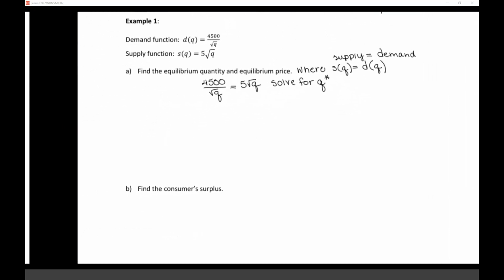I want to get that square root of Q out of the denominator, so I'm going to multiply both sides of the equation by the square root of Q. I think everybody will agree this cancels out. Now I have 4,500 equals 5. And what's square root of Q times square root of Q? How can I simplify that?